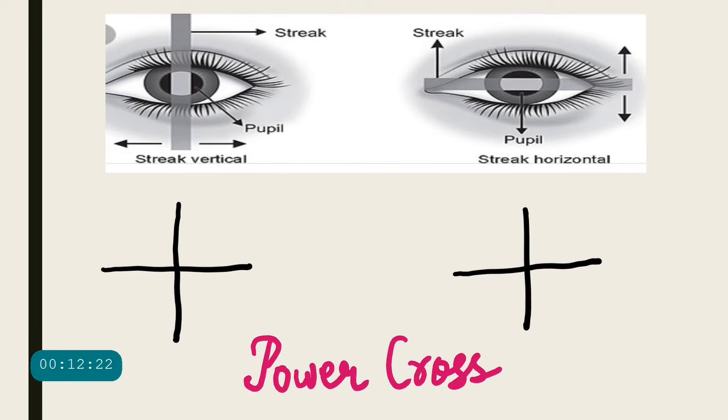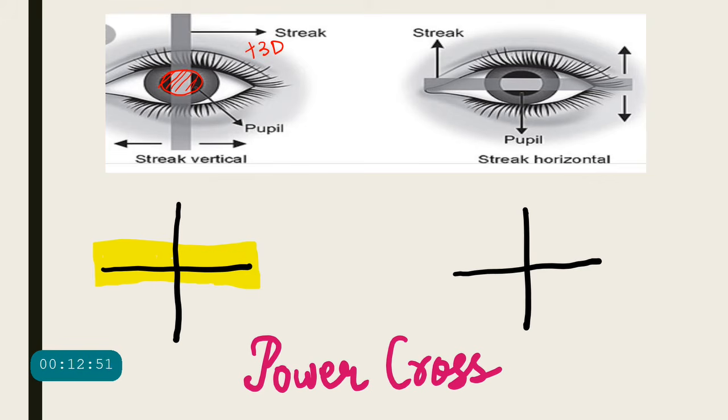So the representation on your power cross that you label after doing the retinoscopy will also come like that. When you have a vertical streak, which meridian are you testing? You are testing the horizontal meridian. So your power also you will write along the horizontal meridian. Say you are testing with a vertical streak like this, and at +3 diopters you get a neutralization point, like the entire thing gets illuminated.